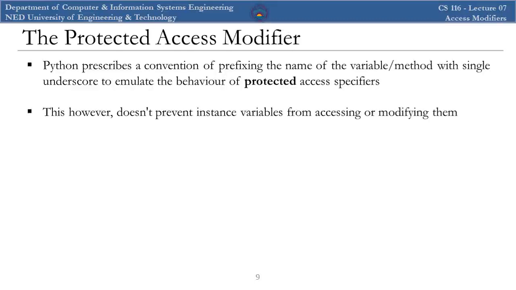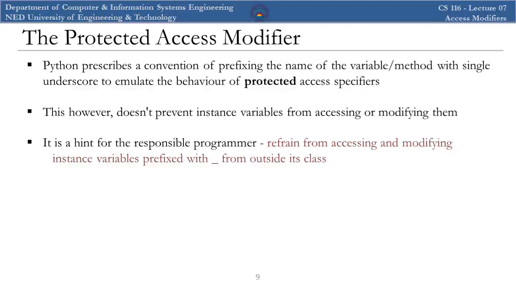The problem here is that defining an instance variable that way does not effectively restrict a user from accessing a class attribute or a class method from the main program. Actually, it's just a hint for the programmer. It's a kind of agreement between the coder of a class and the user of a class, that since the coder is placing a single underscore in front of a variable name or a method name, that particular method or attribute is for internal use only, and the user of the class should not try to access that attribute or method.